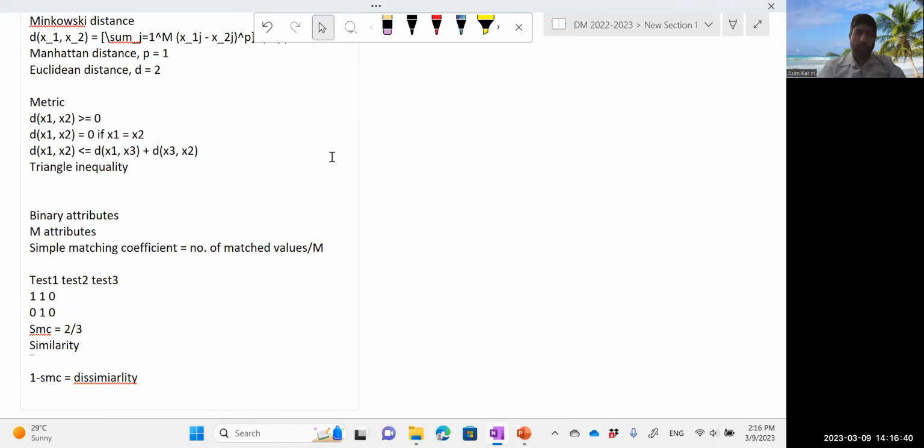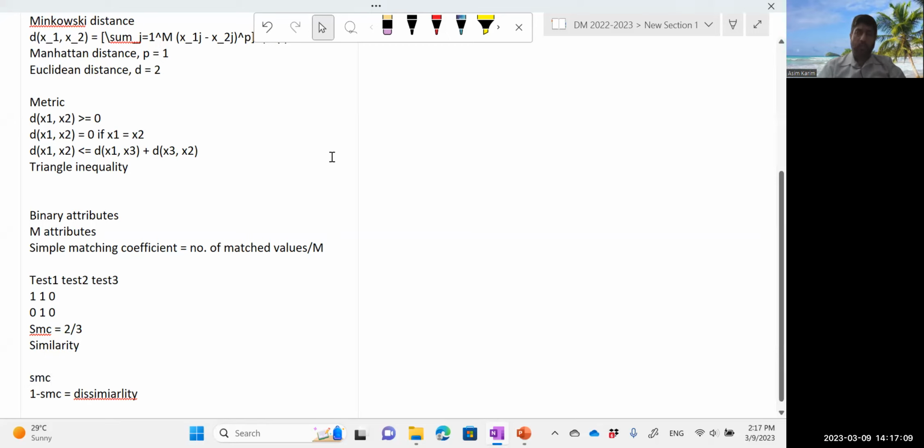In some applications, a match of values that are both 0, or some other value that is considered less important, is discarded. One of those applications, although it's not always done, is medical tests. So in the example above, we will not count the matches of 0, 0. We will only count the match of 1, 1.